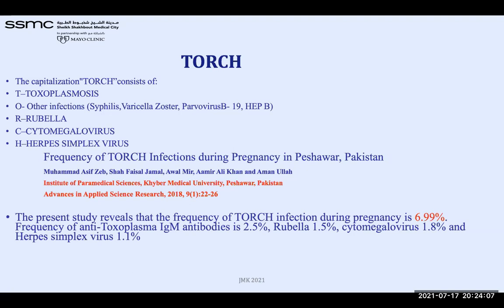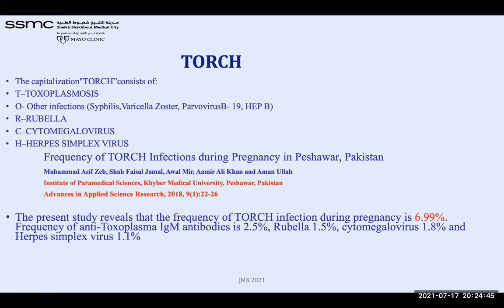Now the TORCH infections. TORCH, as you all know: T is toxoplasmosis, others like syphilis, varicella, parvo B19, hep B, R is rubella, C is cytomegalovirus, and H is herpes simplex. I found one article published in 2018 from Khyber Medical University in Peshawar on the frequency of TORCH infection during pregnancy in Peshawar, and they mention it is about 7%, with toxoplasma 2.5, rubella 1.5, cytomegalovirus 1.8, and herpes simplex 1.1.